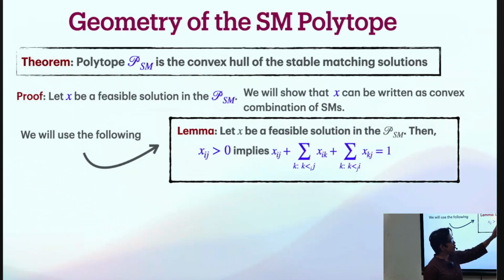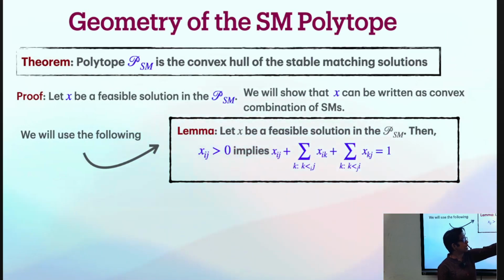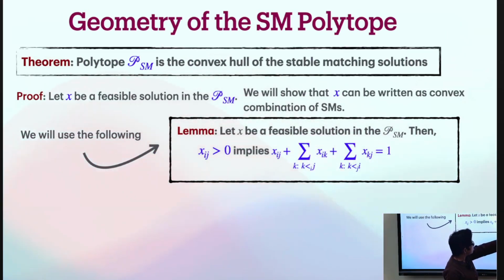So, what this means is for any feasible solution in the polytope, if the value xij is greater than 0, then this constraint is tight. Here we are using the second blocking pair constraint, not the first one. Look at the indexing here: I am looking from i's perspective, at all those women that i likes strictly less than j, and from woman j's perspective, at all those men that she likes strictly less than i. So, this is that second modified constraint that is tight.